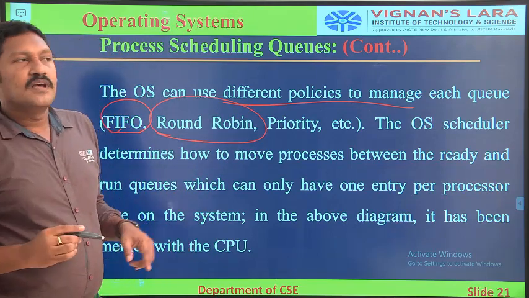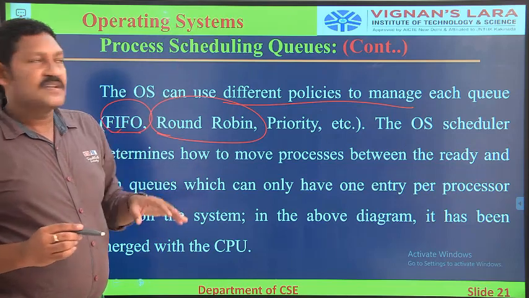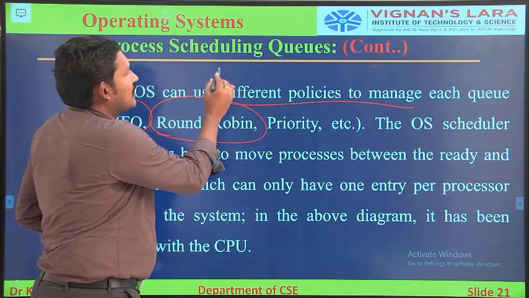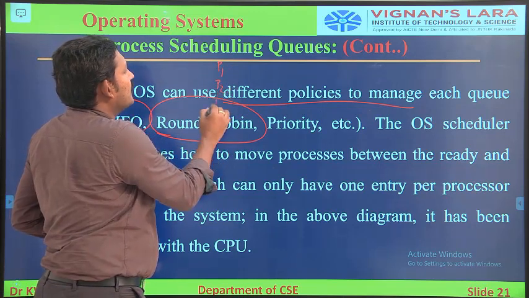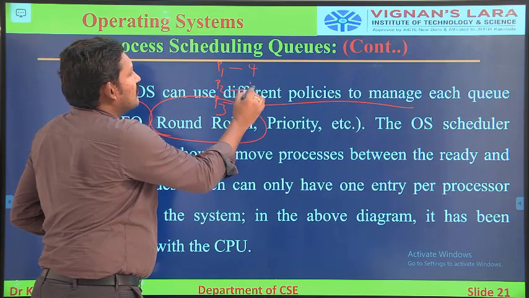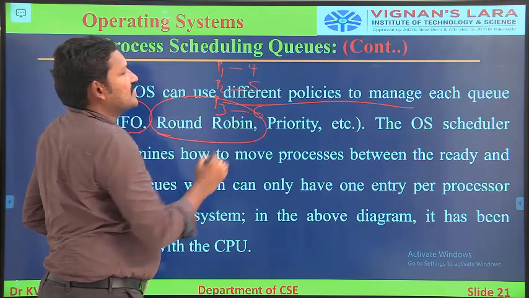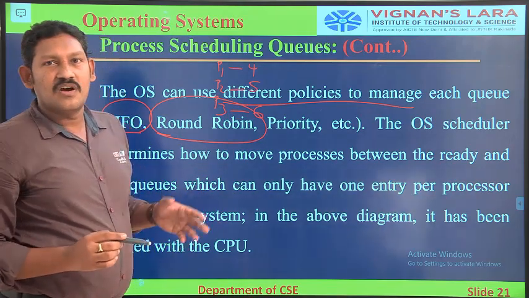Similarly, round robin. Let us suppose we have different processes P1, P2, P3 with burst times 4, 5, 6. Here there will be a time slice, or time bound.